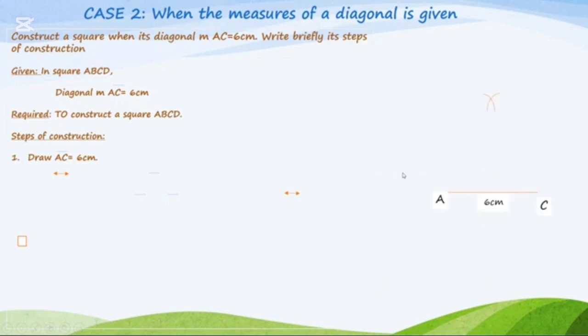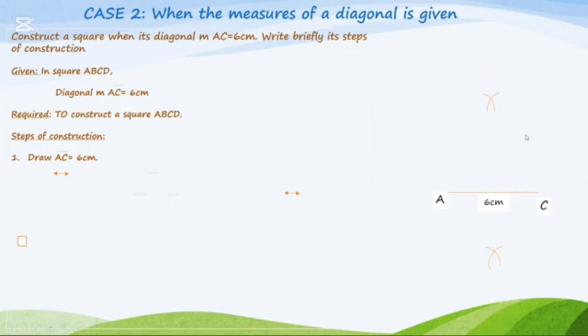Now step number 2, what we have to do, students, we have to put the compass here at C. We have to open the compass more than half, and draw 2 arcs, one above and one below the line segment.